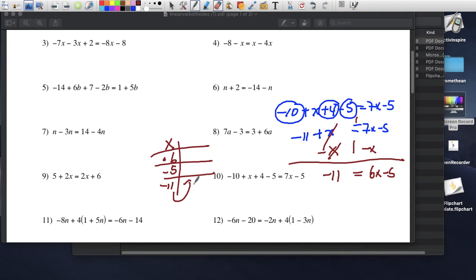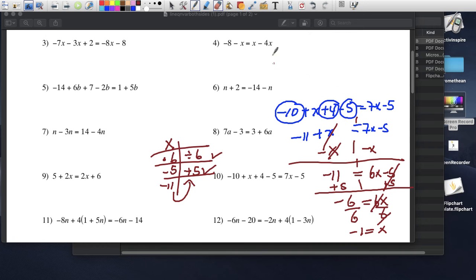So the inverse operations I will use are plus 5, and then divide by 6. Let's do that. Plus 5 over here, plus 5 over here. Negative 5 plus 5 go away. 6x comes down. Negative 11 plus 5 is negative 6. Good. Divide both sides by 6, and x equals negative 1. Okay.